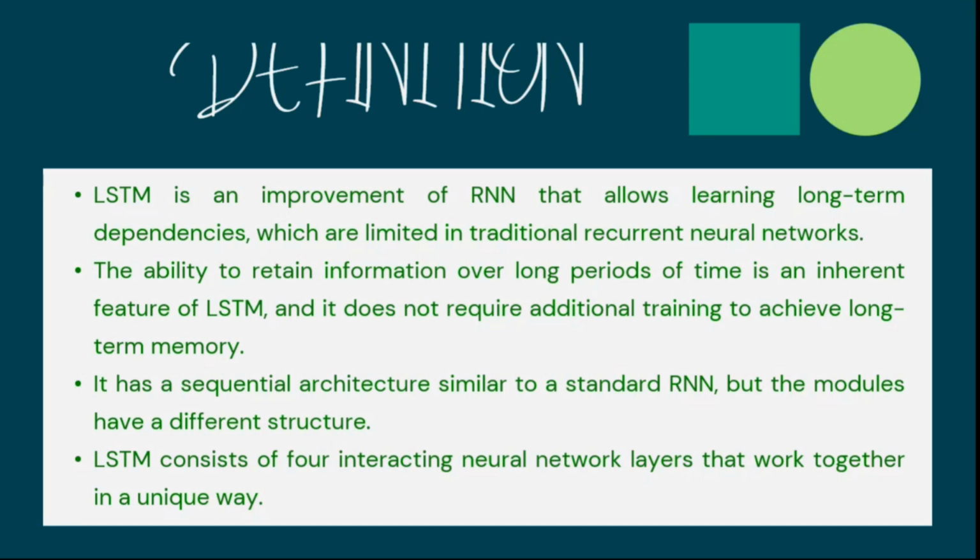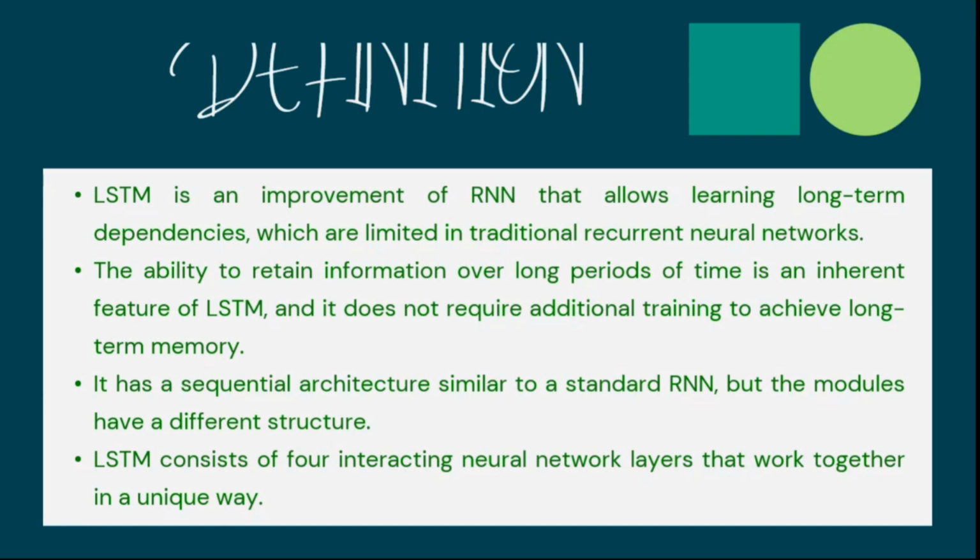The ability to retain information over long periods of time is an inherent feature of LSTM, and it doesn't require additional training to achieve long-term memory. It has a sequential architecture similar to a standard RNN, but the modules have a different structure. LSTM consists of four interacting neural network layers that work together in a unique way.